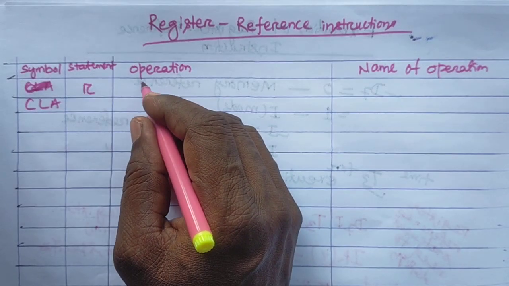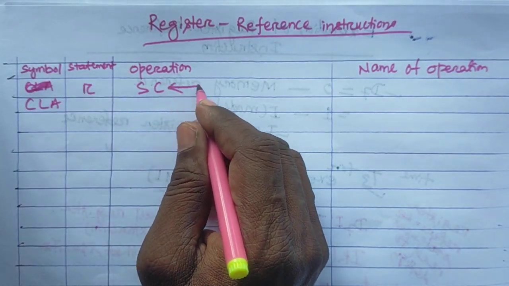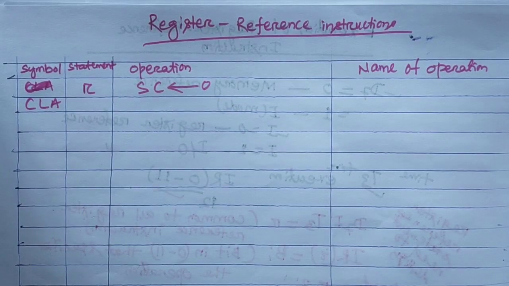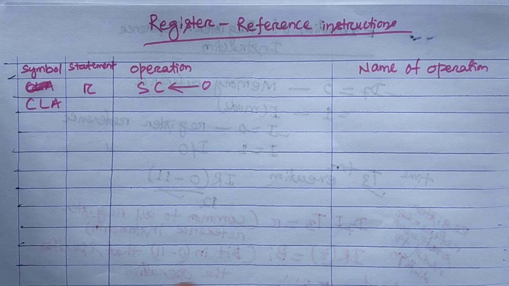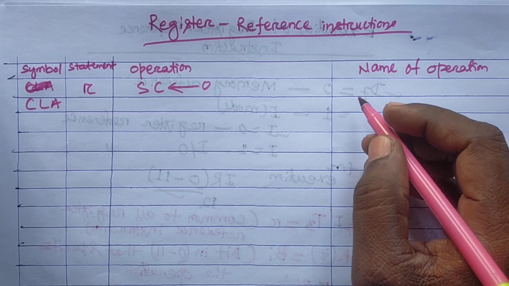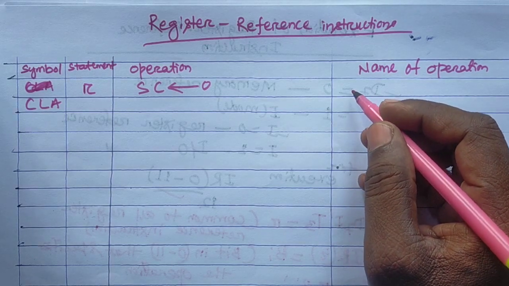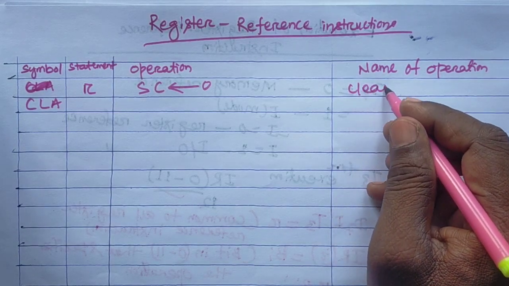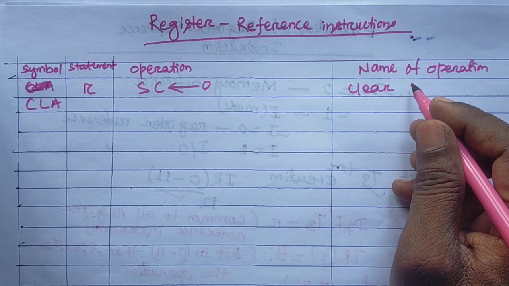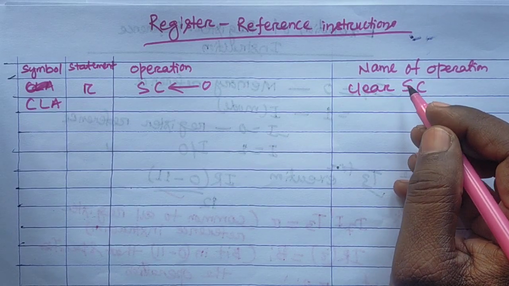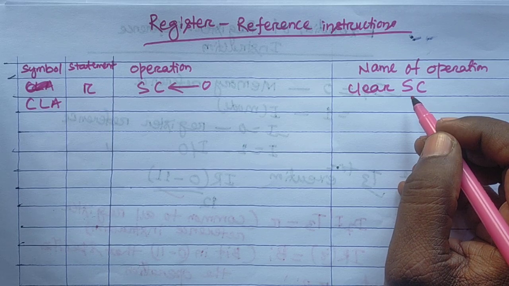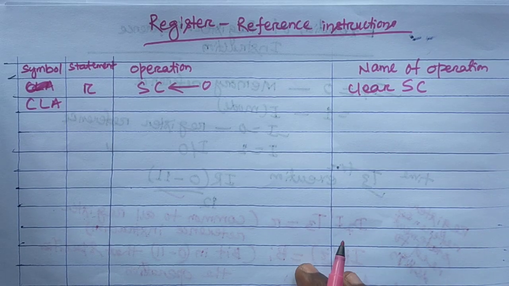Sequence counter is 0, SC is 0, meaning timing will activate initially. Then whatever register data is there, you have to clear through the sequence counter, that is, clear SC. Like this we have to define.